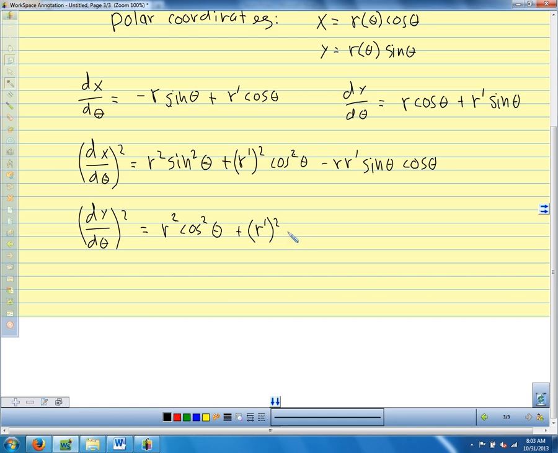I get r prime squared sine squared theta. And then for my mixed term, I missed a 2 here, didn't I? I get 2 of those. And here I get a plus 2 r prime sine theta cosine theta.